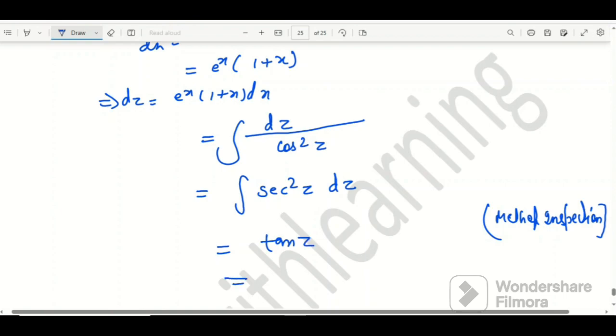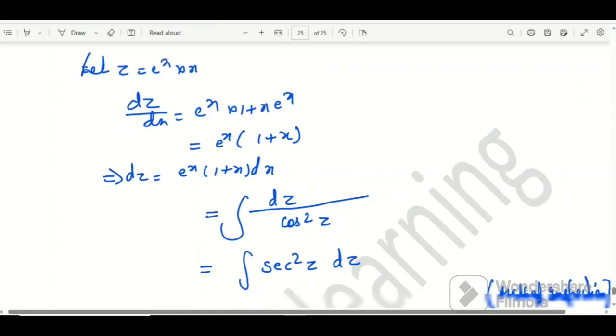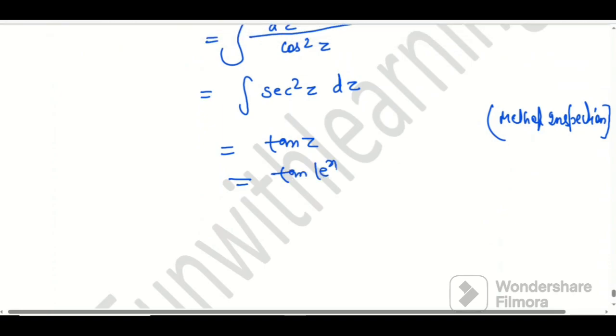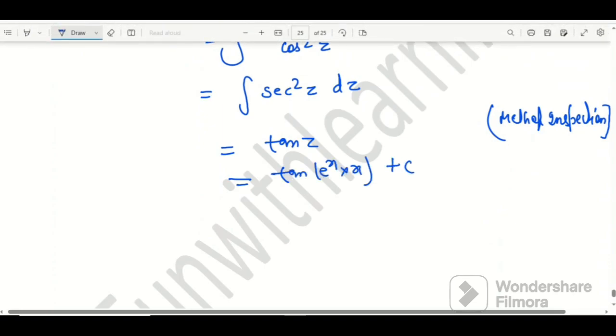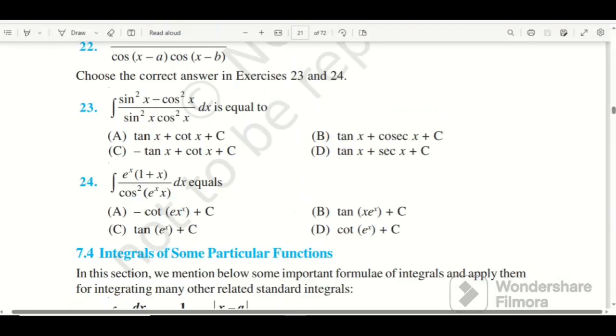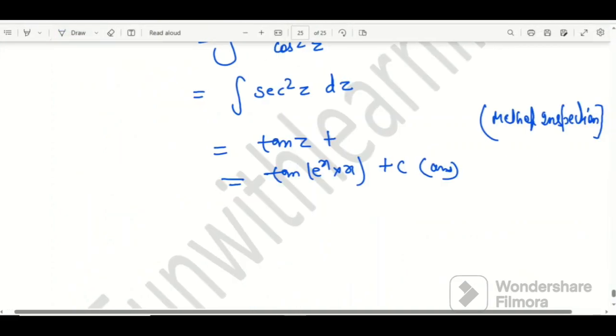And now I'll have to replace the value of z in terms of x. So z was equal to e to the power x into x. I can write tan of e to the power x into x plus C as our answer. So we can check the answer. The 24th number is a multiple choice question. The answer is B, tan of x into e power x. Okay, it is right. So we have solved all of the 24 questions.